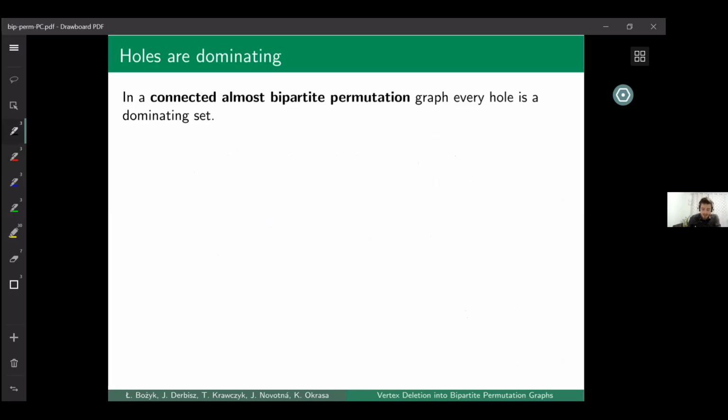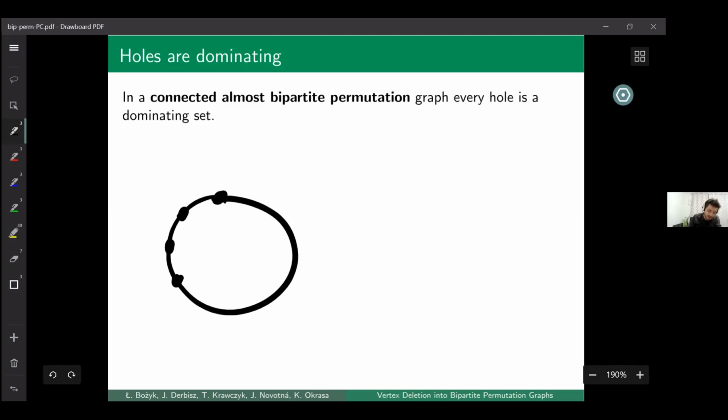If we take a connected almost bipartite permutation graph and a hole within this graph, then if it's not a dominating set, we would have a vertex of distance 2 that doesn't admit any connection with the hole.